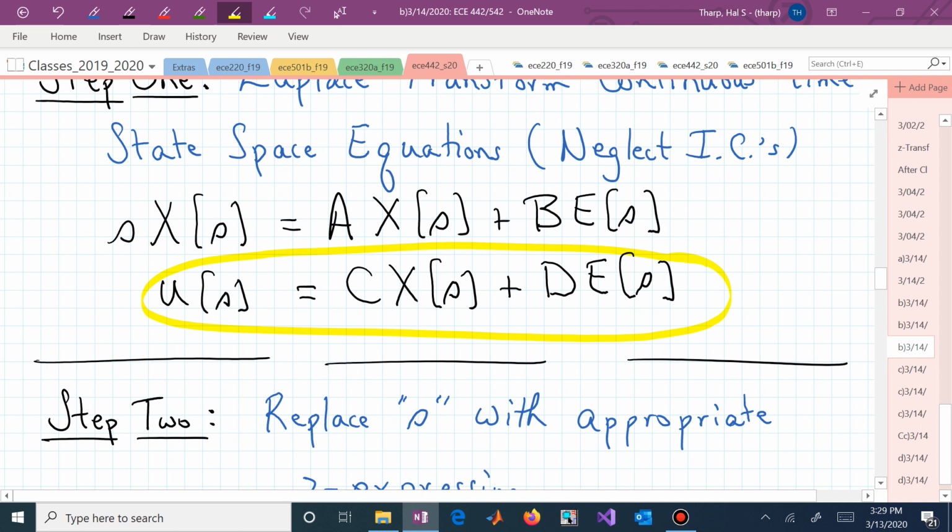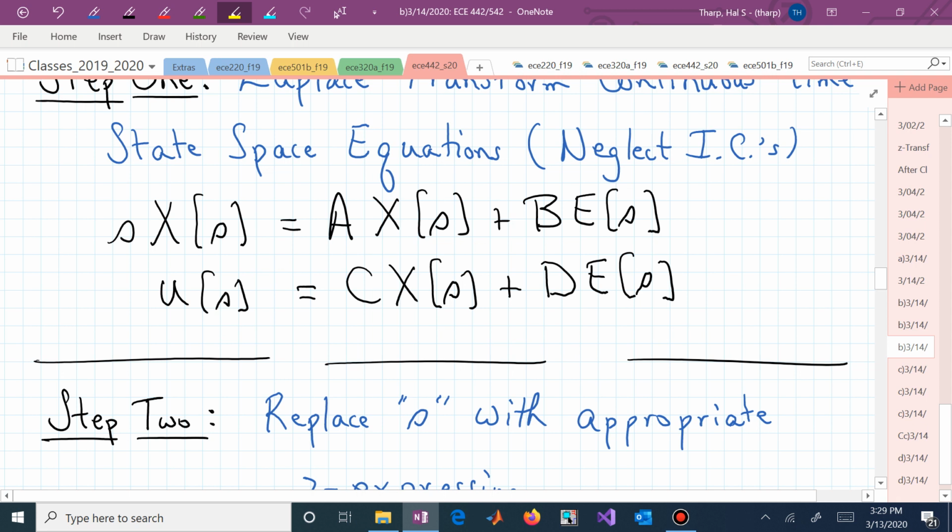If you look at the output equation, and we take that into the frequency domain in the z space, that's just U of z equal to C X of z plus D E of z. No s to z substitutions. There's no operator s in that output equation.